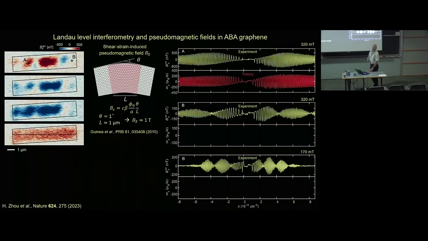And of course, STM studies and others, Eva is here, have studied pseudomagnetic fields arising from corrugation, which gives pseudomagnetic fields of 100 Tesla and more.